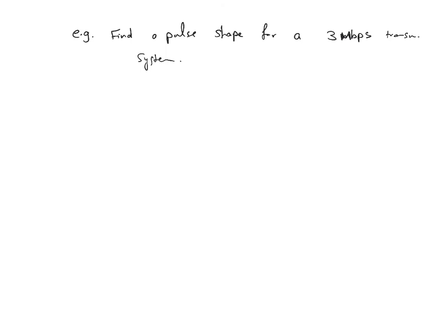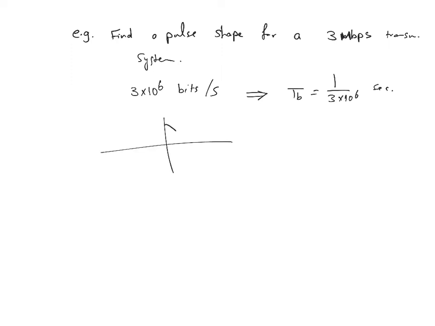In that case, you know that you have 3 times 10 to the power 6 bits per second, and accordingly TB is equal to 1 over 3 times 10 to the power 6 seconds. Accordingly you figure out that the pulse shape is going to be a sinc function that is equal to 0 at 1 over 3 times 10 to the power 6, 2 over 3 times 10 to the power 6, and so on.